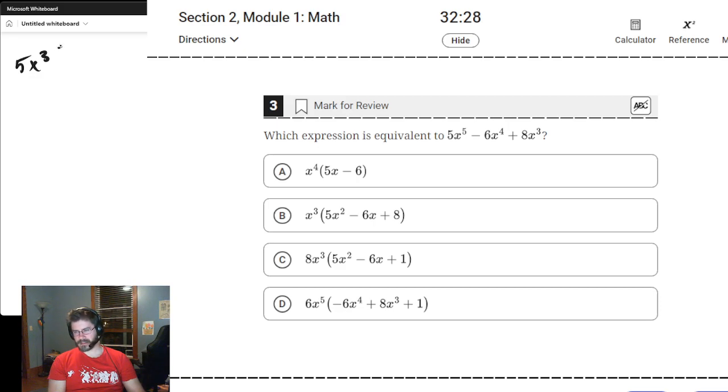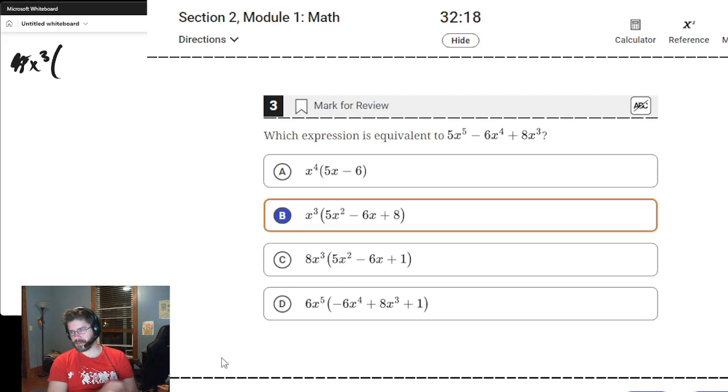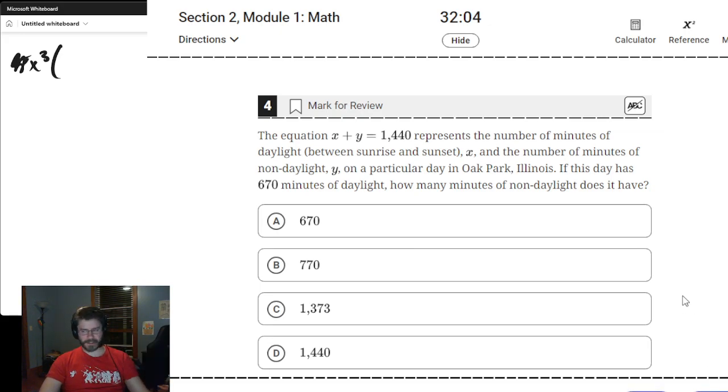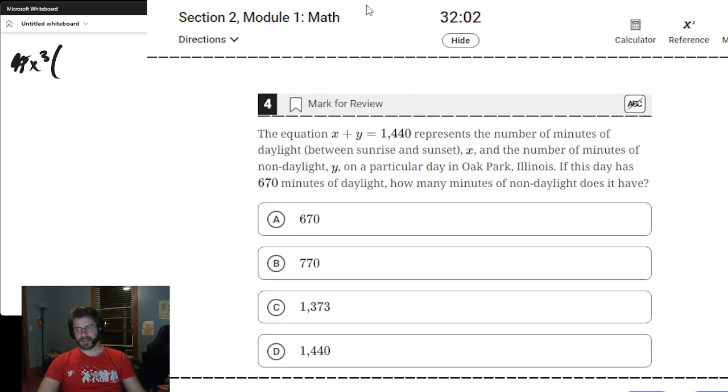I'm looking for anything else. I don't think so. Or no, not the 5, because 5 doesn't factor out of 6 and 8, obviously. They don't have a common factor there, so it's going to be b. And you can stop there, basically, because you know you've got an x cubed up front and nothing else comes with it. So because of that, you can stop doing the math and just move on. If it helps make you feel good, you can continue doing the math, but you don't have to.